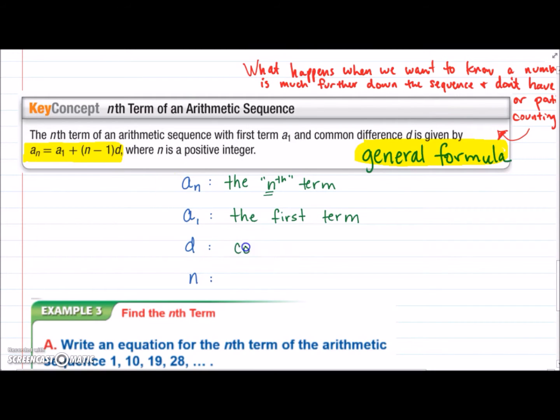D is the common difference, we've already talked about. N is the term number, so it's the first term or the 5th term. It could be the 30th. So n is like that counter that we talked about. It counts the terms.